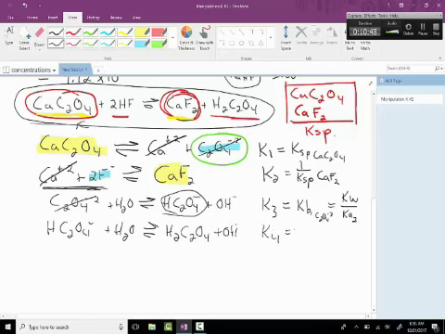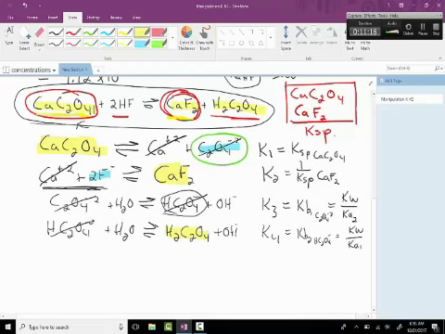K4 equals KB2 of HC2O4-, which is equal to KW over Ka1 for oxalic acid. All right, that's nice, because now these cancel, and I've got my H2C2O4 right here, which I needed, same as up here. So I'm picking them up.